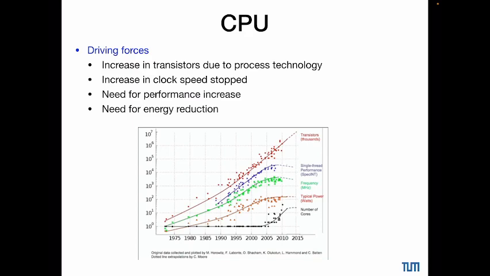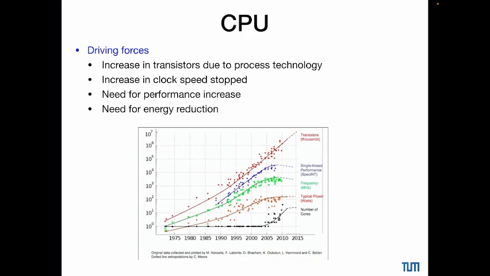No? And so this number of cores is definitely growing, and we will see a few examples for that in a few minutes. So that is a way to still increase the performance of the processors.